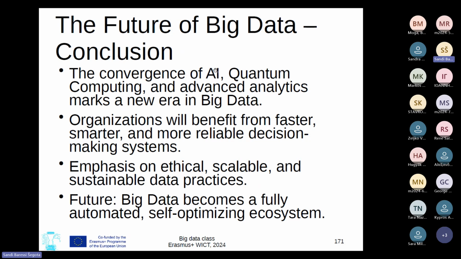When AI emerged, a lot of people started collecting more data, started panicking, started wanting to collect data more. But that was a new era, definitely, when people started using AI. So will quantum computing be the next era like that in big data? It's possible. We'll see what the future brings.